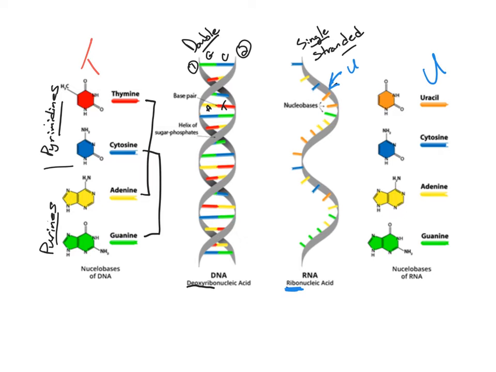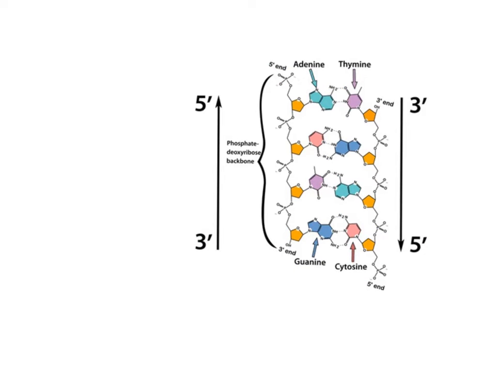Let's go on. So this drawing represents that anti-parallel notion. Here's your 5' end. Here's your 3' end. On the opposite side, there's your 3' end. There's your 5' end. Now, what is that 5' and 3' again? Remembering that this is the 0, you have to imagine turning the molecule on its side.